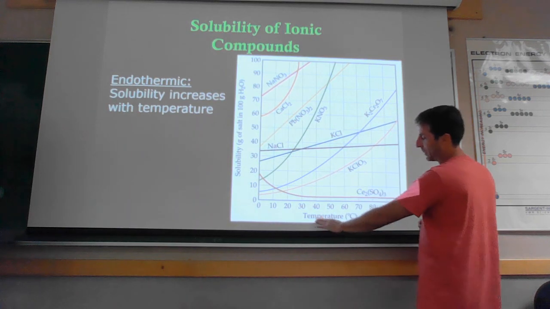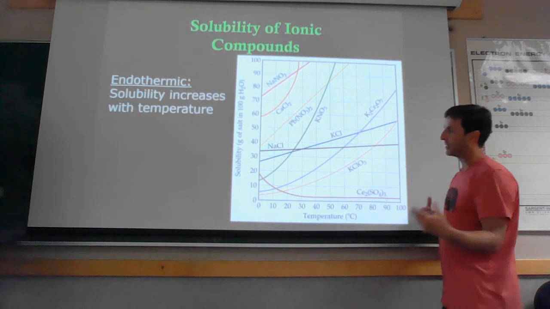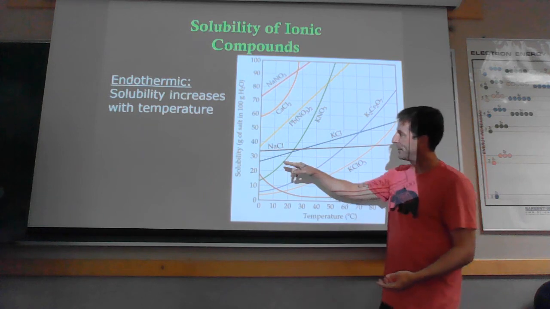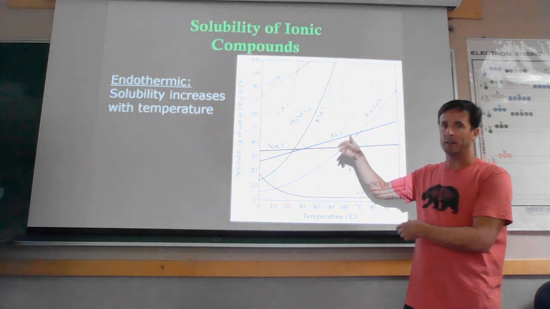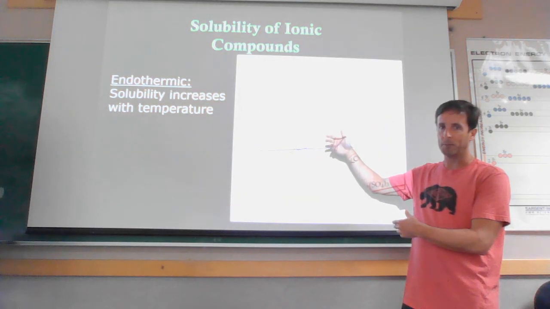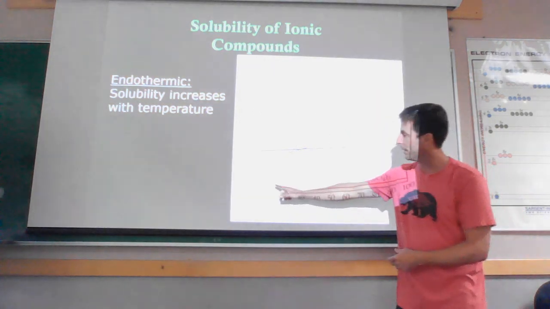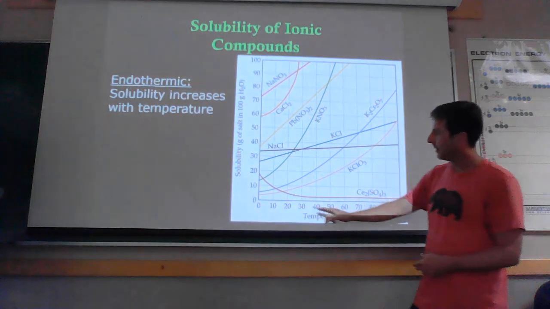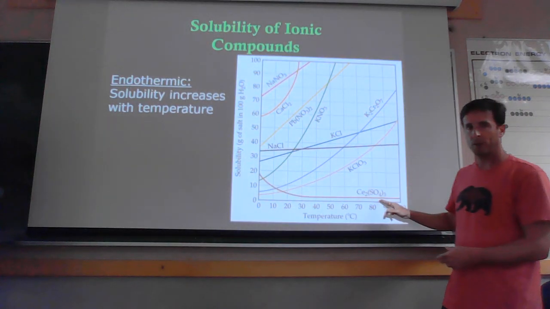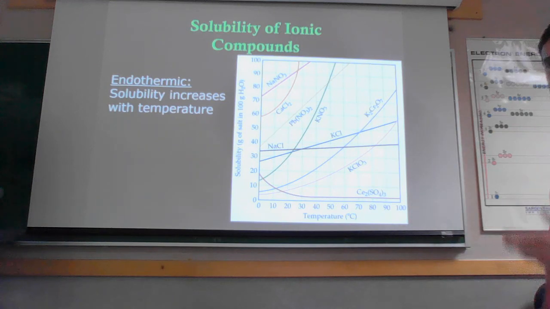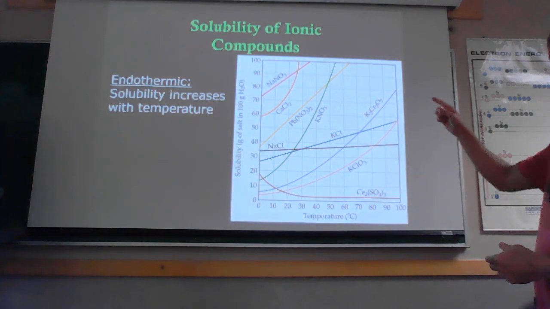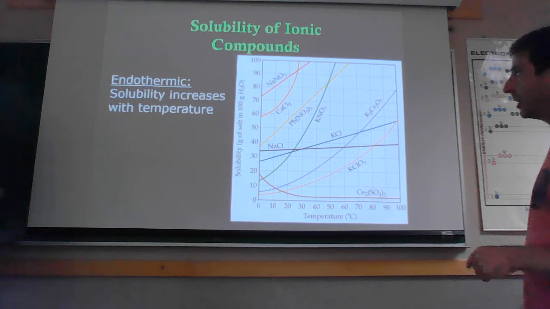On the x-axis, we have temperature. So essentially what we can see here is that as we change the temperature, the solubility increases for most of the compounds. Although I do have one, cerium sulfate, where the solubility goes down. But a general rule we can learn here: the solubility of most solid compounds will increase with temperature. That's something that you should know.